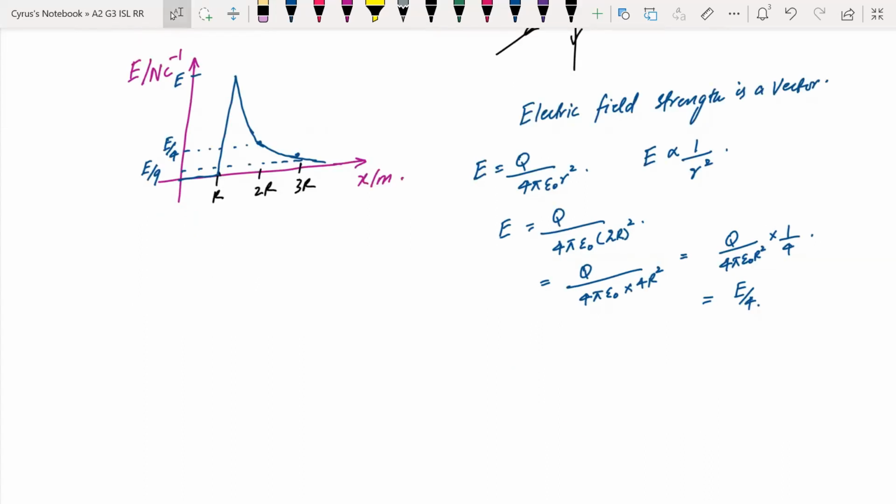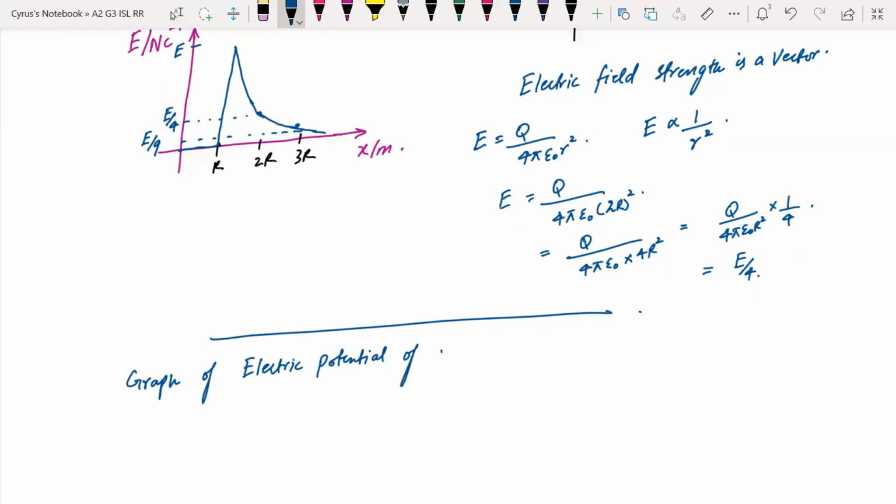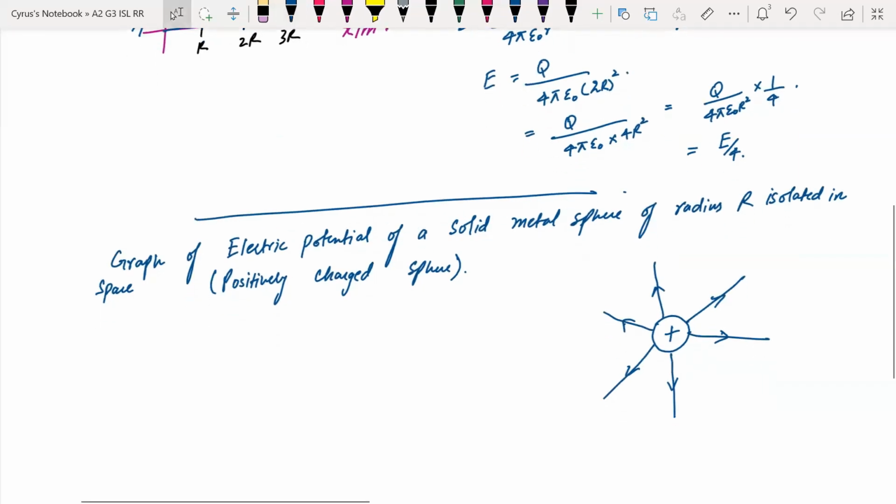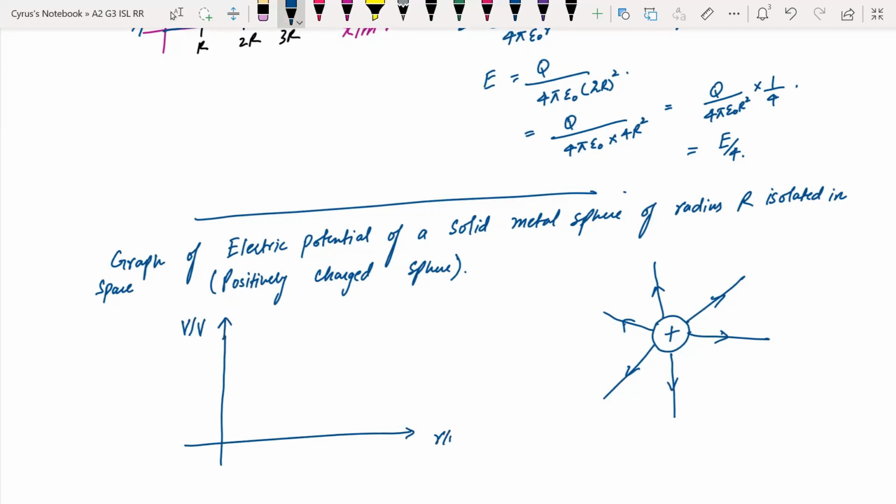Graph of electric potential of a solid metal sphere of radius R isolated in space. So we have something like this. And if you have V here on the y-axis and we have R here on the x-axis, what's going to happen?